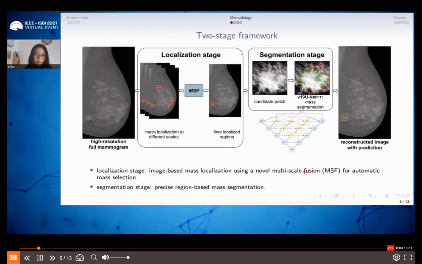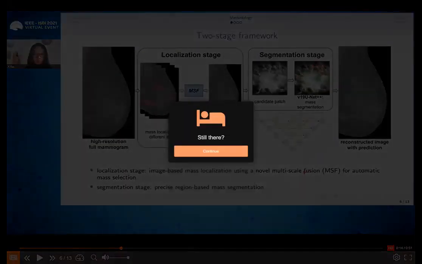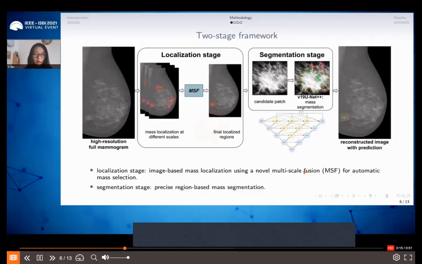To tackle the aforementioned challenges, we propose a two-stage multi-scale pipeline, which performs automatic and highly precise mass segmentation from native high-resolution X-ray mammograms. Our framework consists of two steps.